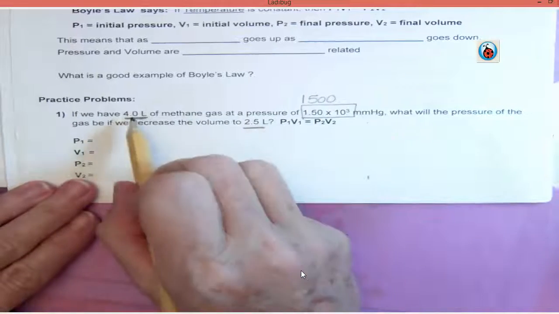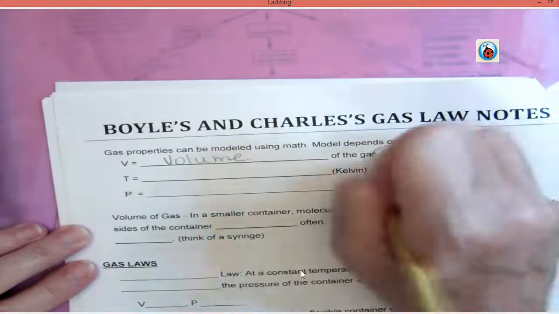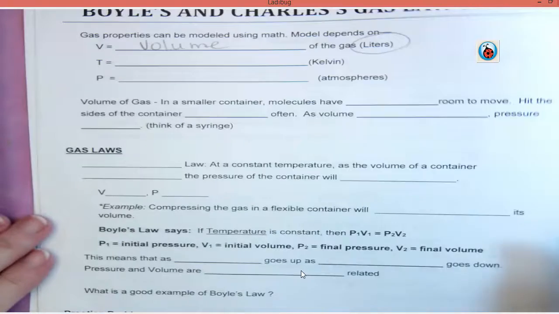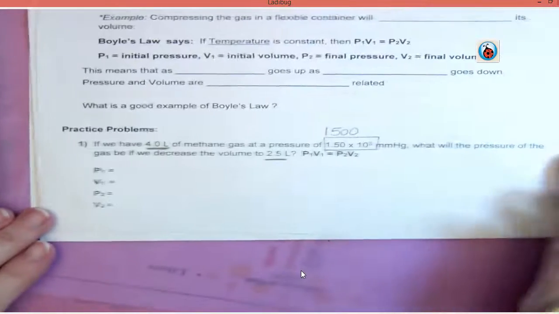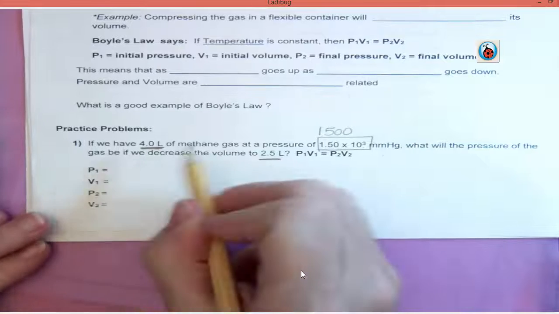So what do we know? We have 2 volumes, because what did we say we measure volume in? Go back up here. Volume is measured in liters. And then pressure, we learned before, can be ATMs, millimeters mercury, torr. There are several different units we're going to use. Okay, so let's pick these out.